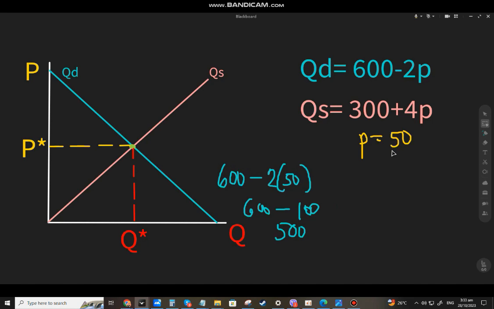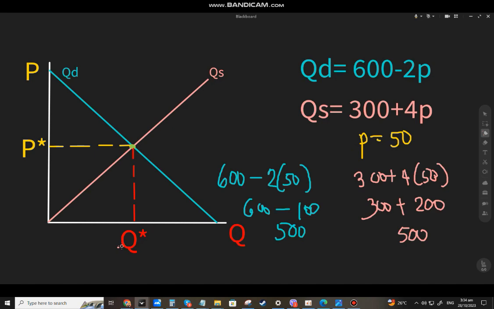If you're going to substitute 50 into QS, let's try 300 plus 4 times 50. That will be 300 plus 200. That will be 500. And again, you will yield the same answer. So whether you substitute P into QS or QD, it's fine. You will get the same answer.